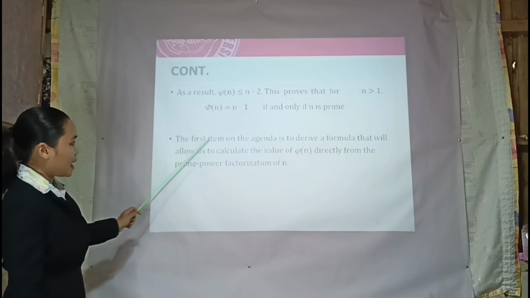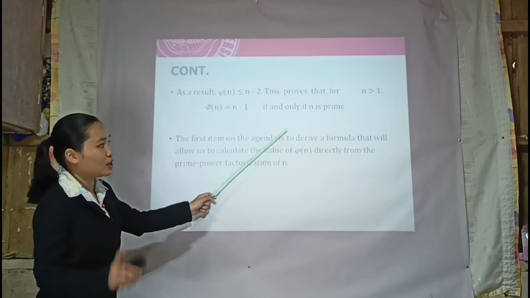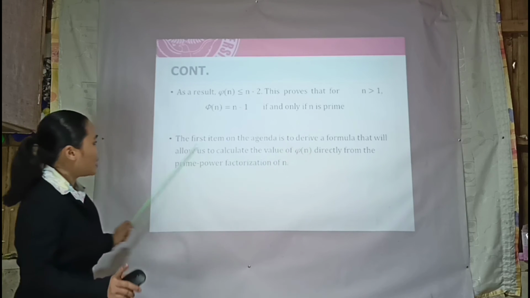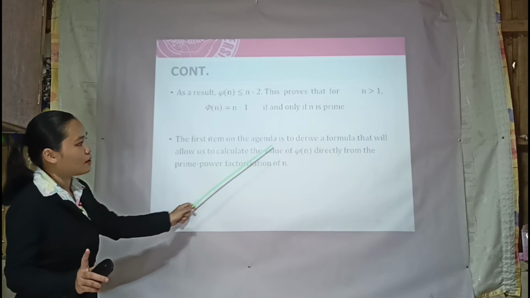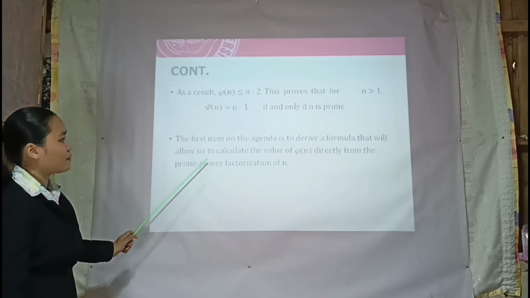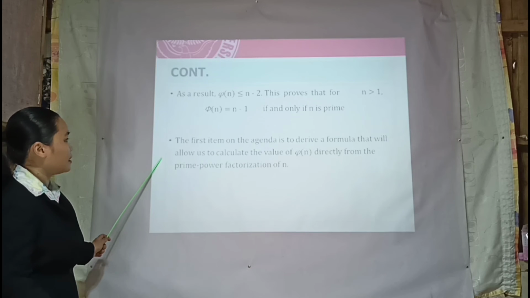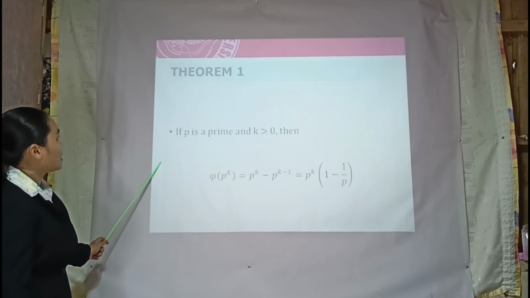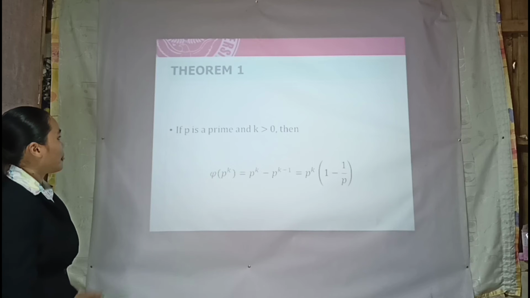Next, the first item on the agenda is to derive a formula that will allow us to calculate the value of phi of n directly from the prime power factorization of n. So, we have theorem 1.